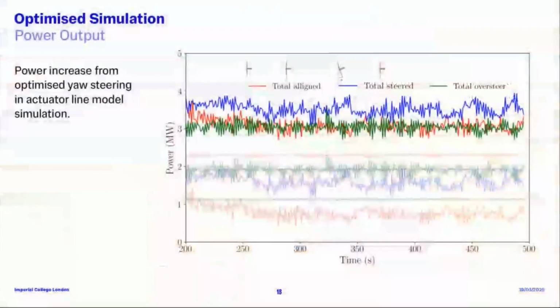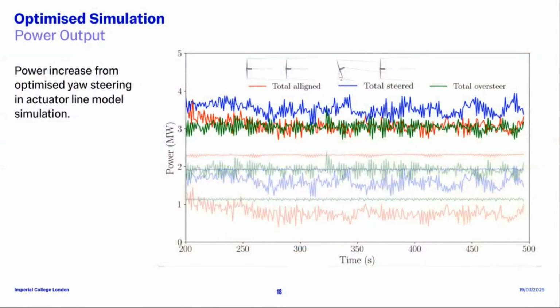But we can see when we look at the power output from the simulation of the 2 turbines, when the turbines are aligned with the wind's direction, we get a total power output of this red line. And you can see the first turbine has a much higher power output, and the second one a lower power output.